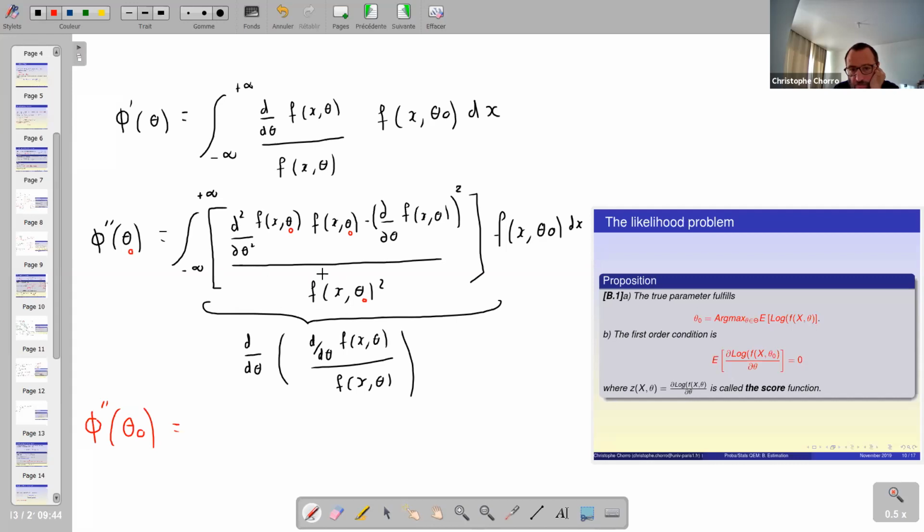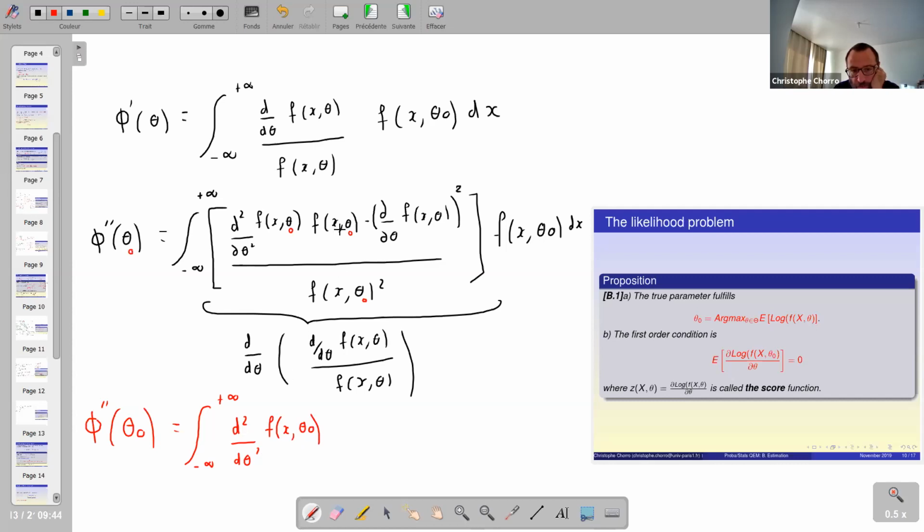So for this first part, here you have simply the integral from minus infinity to plus infinity of the second derivative with respect to theta of f x at the point theta 0.